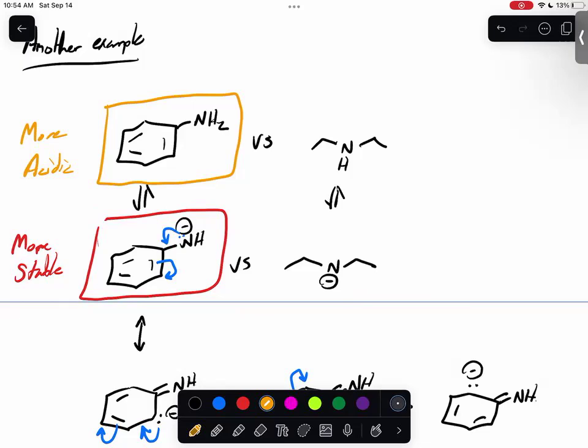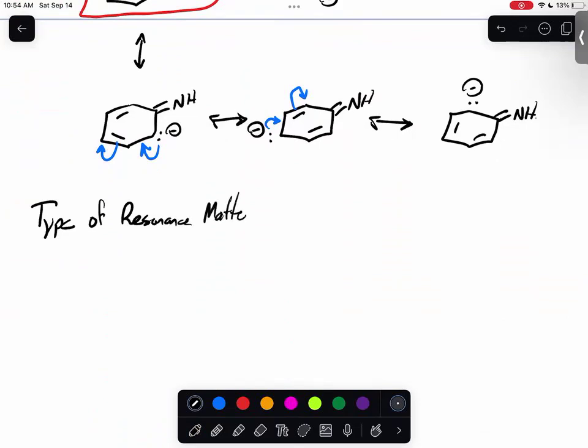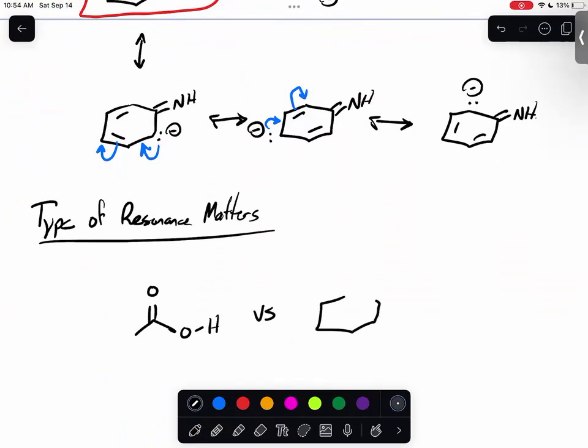All right. So resonance is very important. But here's the thing. The type of resonance matters. An example of this would be, let's take those last two examples we've done and combine them. So let's say we had this structure from the first example and a structure very similar to the second example.